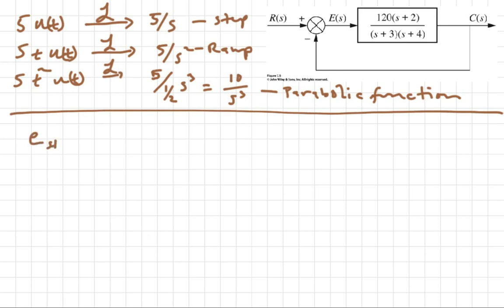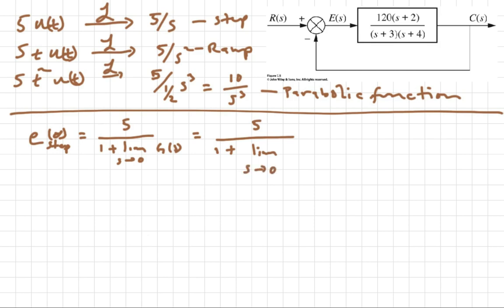First, for the step steady state error, remember this will now be 5 instead of 1. It will be 5 over 1 plus limit as s tends to 0 of G of s, which is equals to 5 over 1 plus limit s tends to 0 of 120 times (s plus 2) over (s plus 3)(s plus 4).